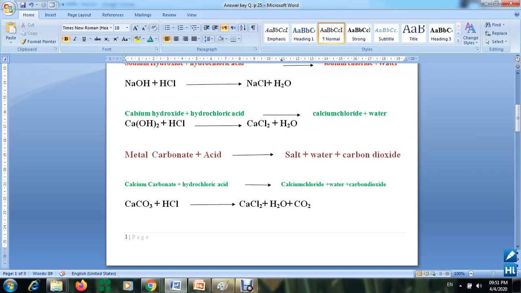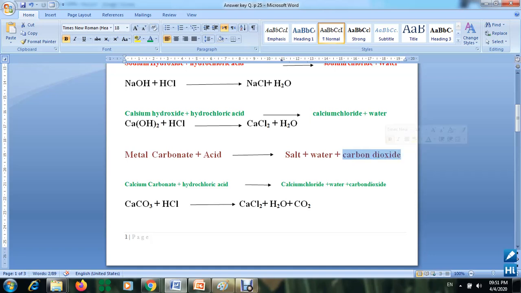We took the neutralization reaction in general, base with acid. But here I have a metal carbonate that I want to react with acid. It will also form salt and water, and something extra.